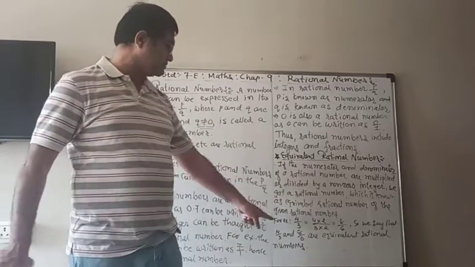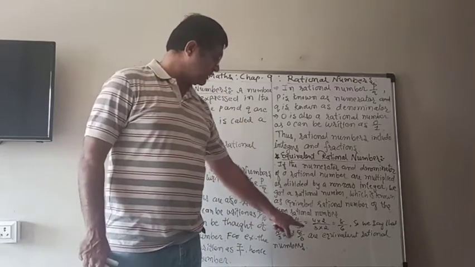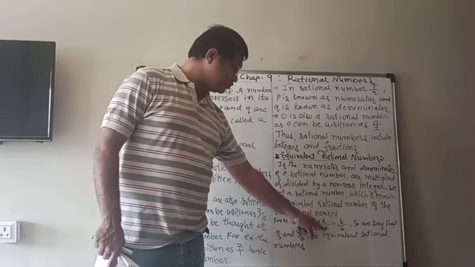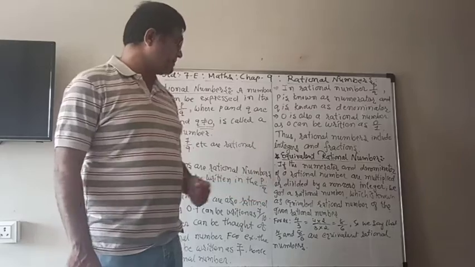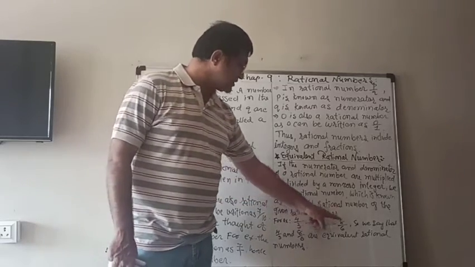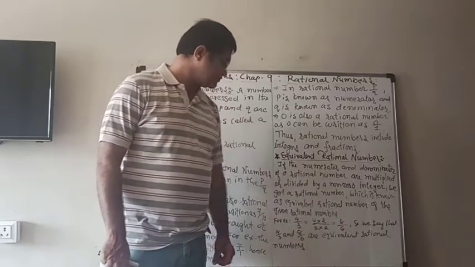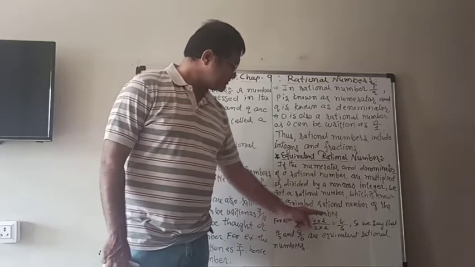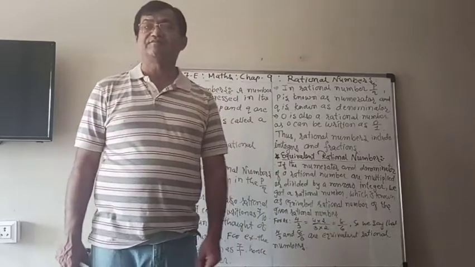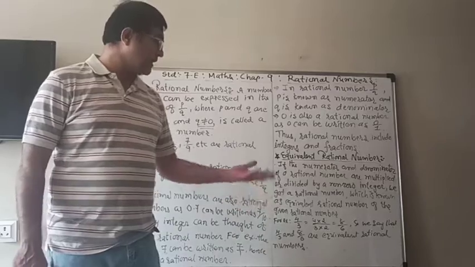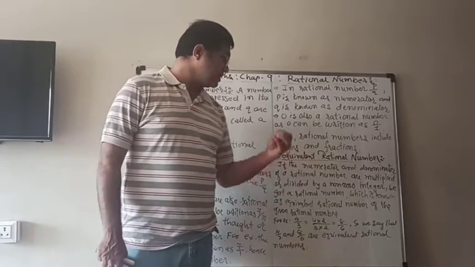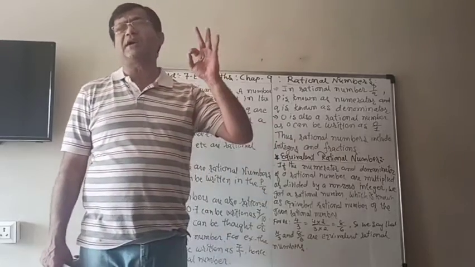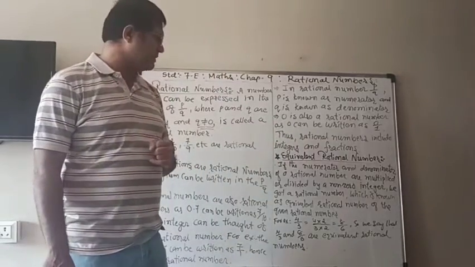And that new number and the original number are equivalent rational numbers. For example, look here, 4 upon 3. You multiply 4 upon 3 by 2 upon 2: 4 multiplied by 2 and 3 multiplied by 2. So what do you get? 4 twos are 8, 3 twos are 6. So here 4 upon 3 and 8 upon 6 have the same value and therefore are known as equivalent rational numbers.